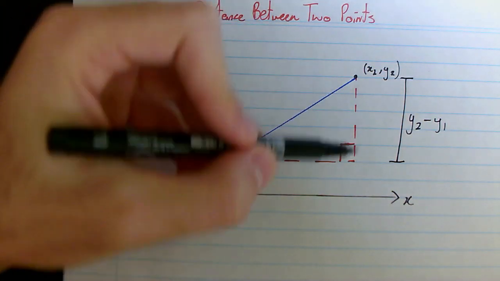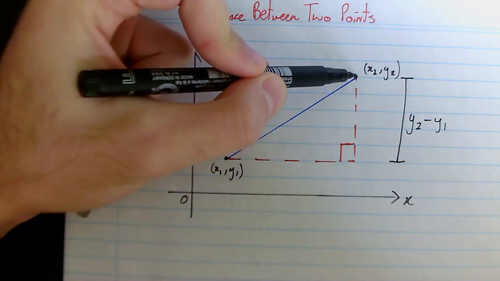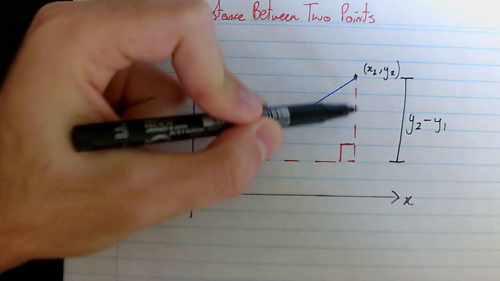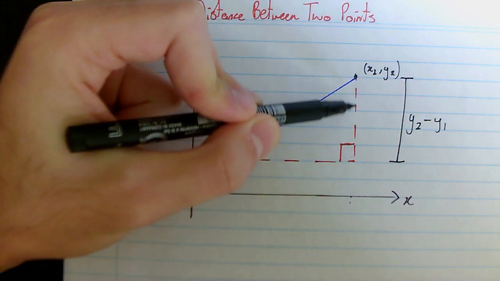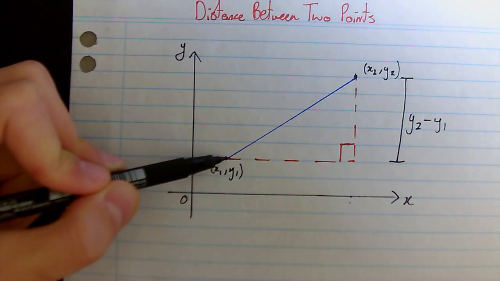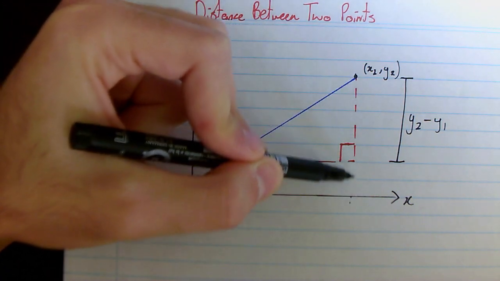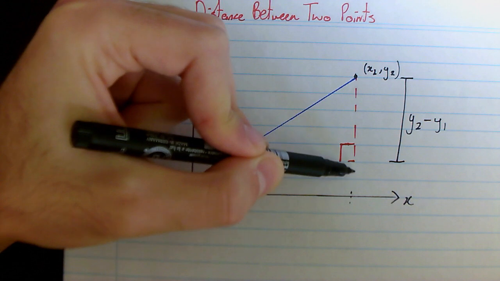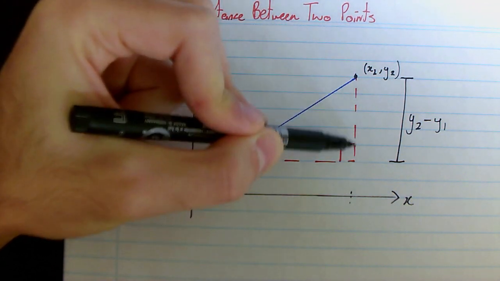How we get this is we consider the distance from 0 to y2, all of that distance from the x-axis up until the point, and we subtract from it the distance from 0 to y1. We take this whole distance and subtract this small distance, and what we're left with is this vertical line here.